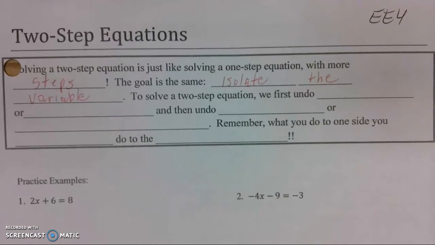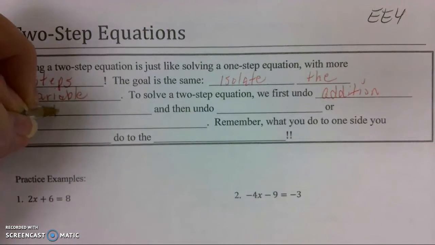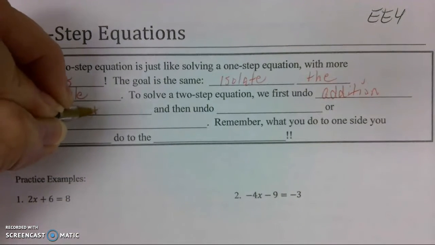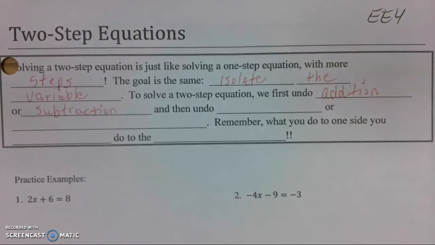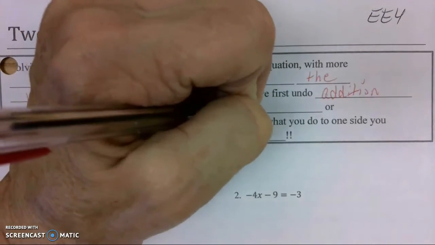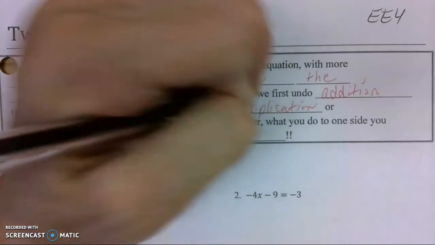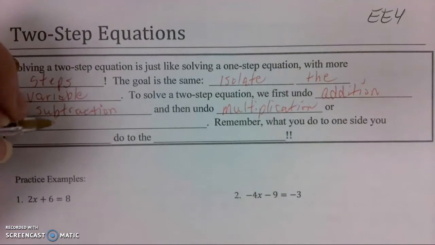To solve a two-step equation, we first undo addition or subtraction, and then we undo multiplication or division.